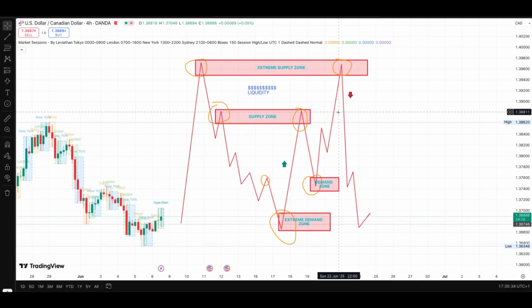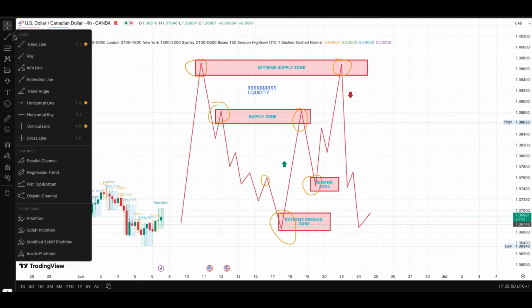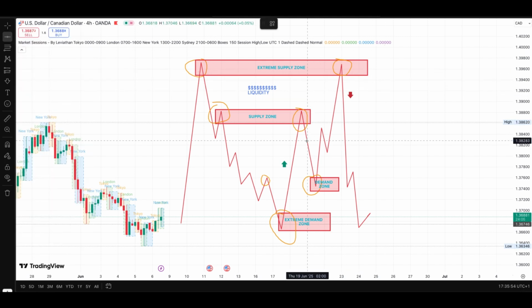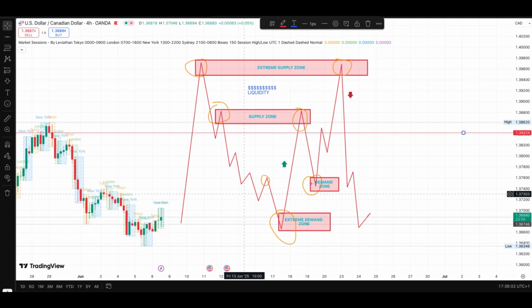The previous example. All right, from this you can see that we have a clear extreme supply zone, a clear extreme demand zone. How do you know the extreme supply zone and extreme demand zone? I've already explained it. You need to look at the last candle before the downward push. All right, so in this zone now, I might want to know if the trend is actually going against me or going for me. So if you look at the extreme demand zone and the extreme supply zone, the half of the screen is somewhere at this point.